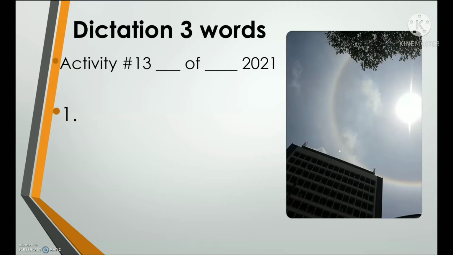Number 2. Spell the word magnifier. And number 3. Spell the word vision.